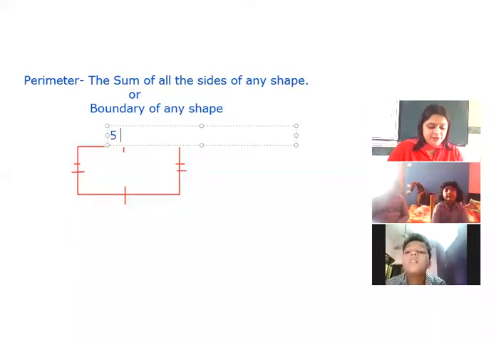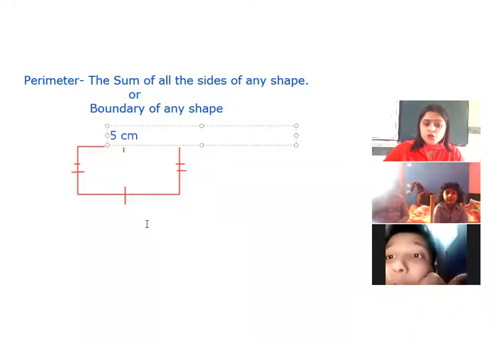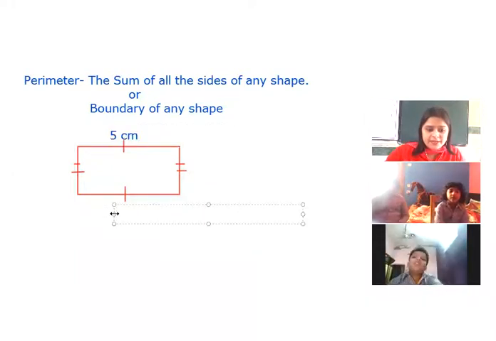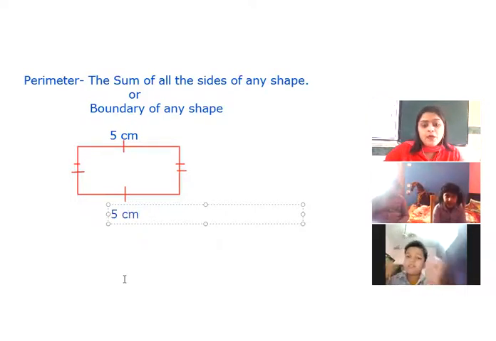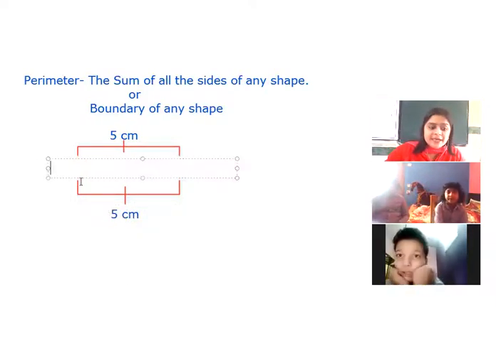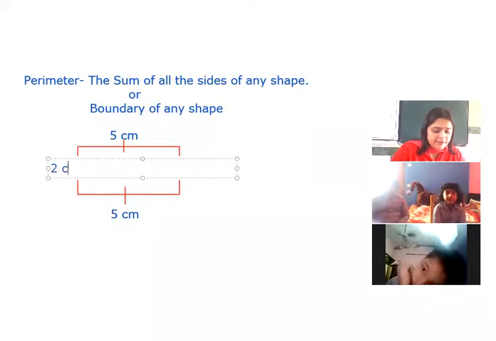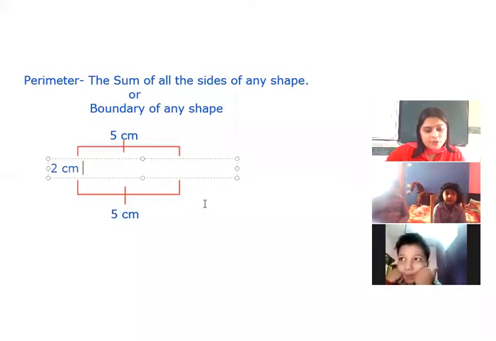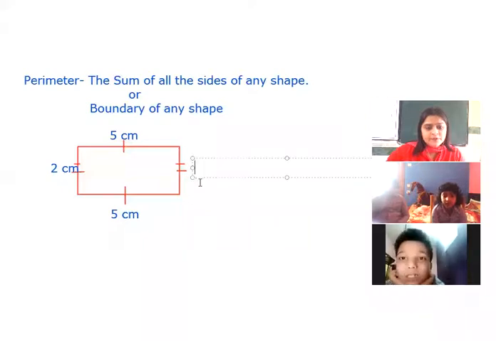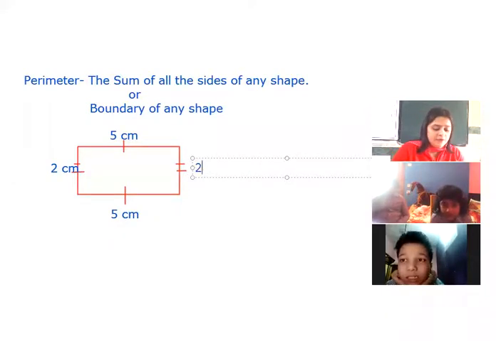Suppose this side is 5 centimeter. So it is understood that the opposite side will definitely be 5 centimeter. Yes or no? And suppose this side is 2 centimeter. So what will be the opposite side? 2 centimeter. Obviously it will be the same, 2 centimeter.